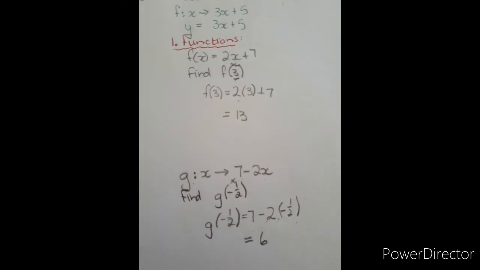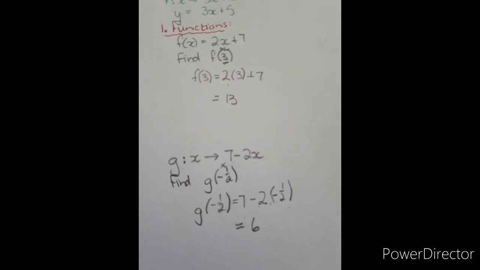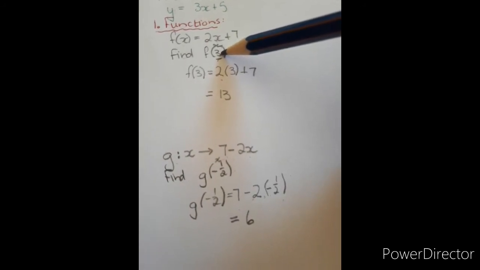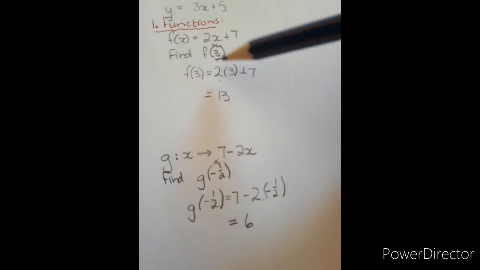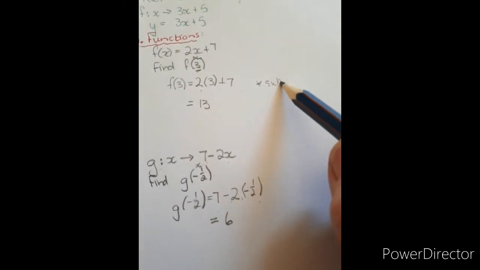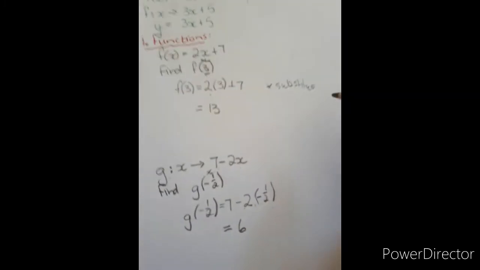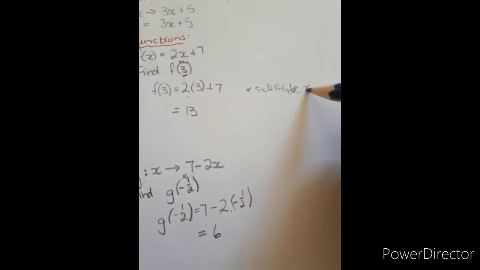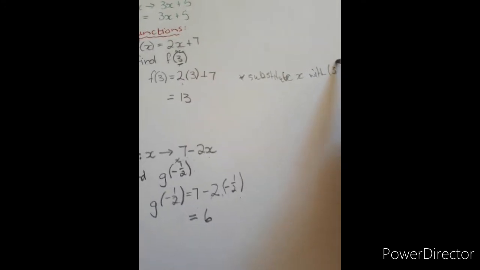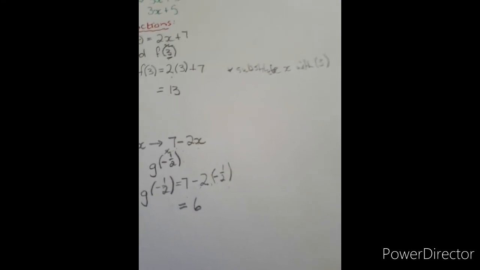So this is really the most basic and simple type of question on functions, where you have to evaluate functions. In this case, they have given you the x. So really, all that you do is substitute x with the value they have given, which in this case was 3, and then you calculate your right-hand side.